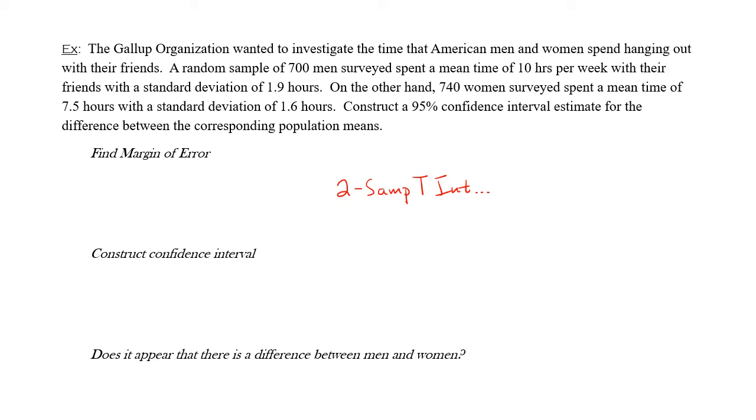Their standard deviation was 1.9 hours, and their sample size was 700. For x2, the women had a mean of 7.5 hours, a standard deviation of 1.6, and a sample size of 740. And in this case we have a confidence level of 0.95.